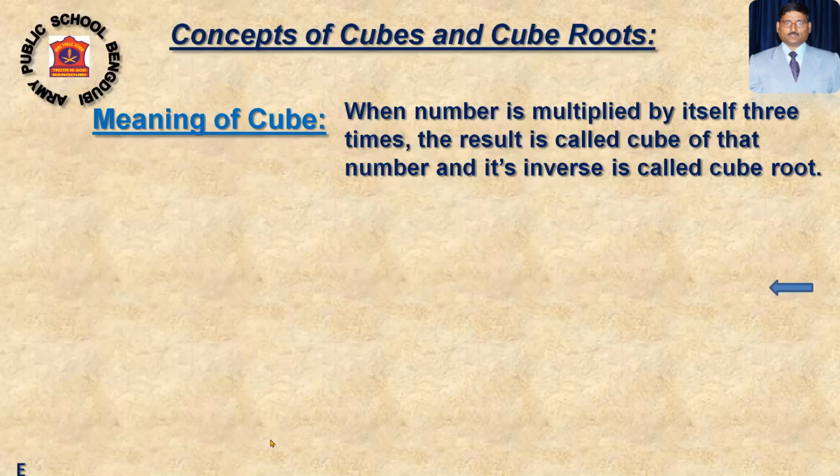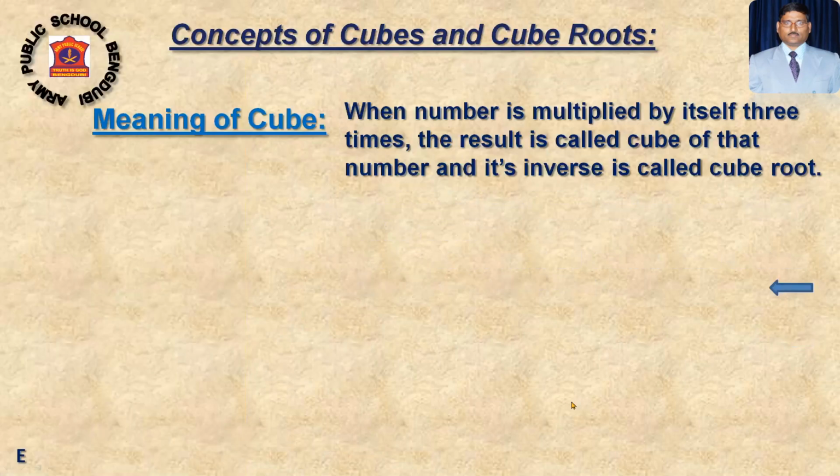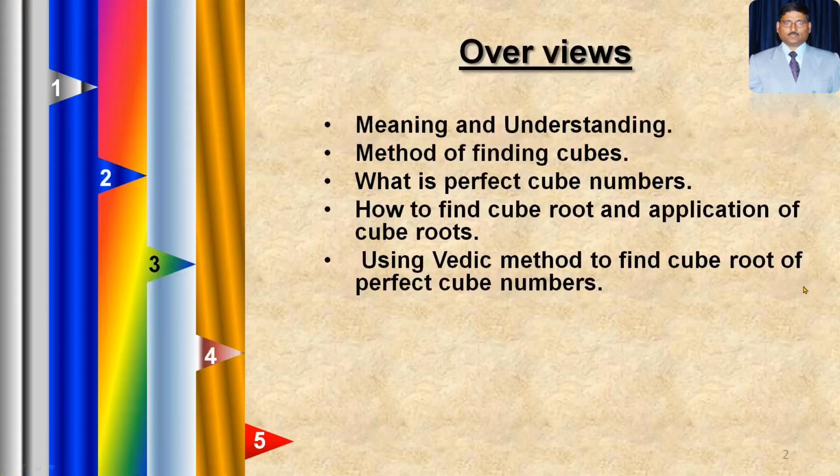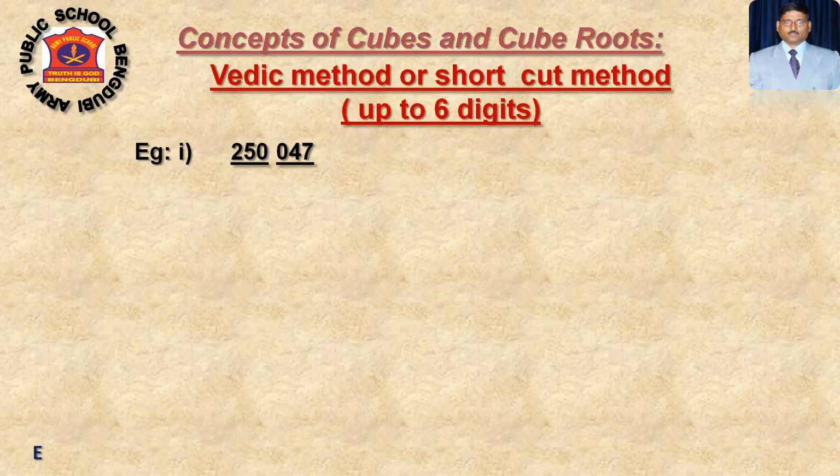This is about how to find the prime factors. This is the prime factorization method. Now how to find the cube root by the Vedic method. Okay, for 3 digit numbers and above, if it is 4 digits, still the same procedure you have to follow.